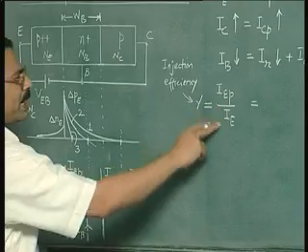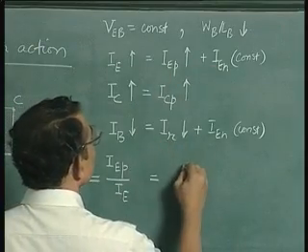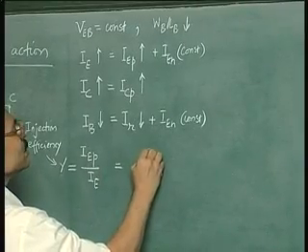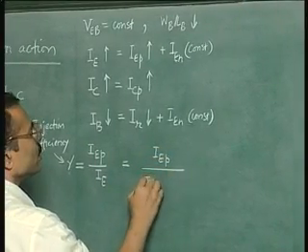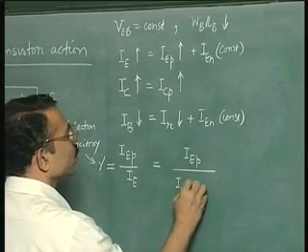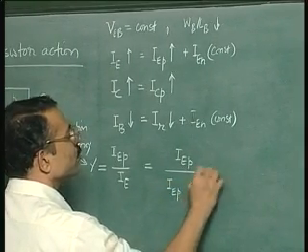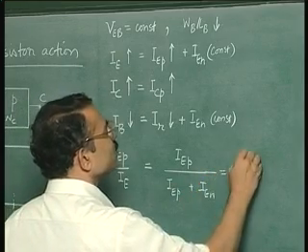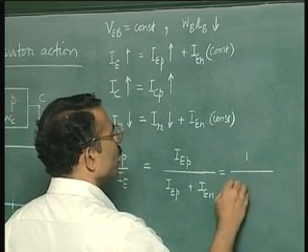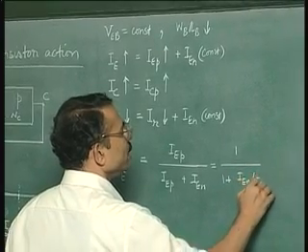So IEP by IE we can write, as IE is IEP plus IEN, this is same as IEP by IEP plus IEN, which is nothing but we can write this as 1 upon 1 plus IEN by IEP.